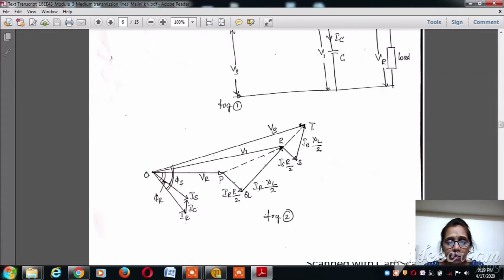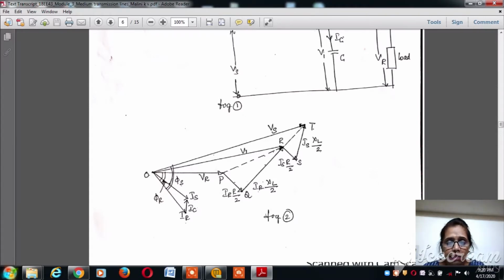The inductive reactance drop, IR into XL divided by 2, looking from the receiving end, is at an angle of 90 degrees to the current flowing through, that is, 90 degrees out of phase. The summation of these is PR.